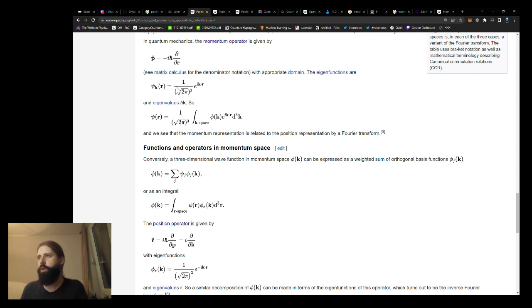You see this here because you end up with the Fourier transform expressions just because of the nature of the eigenfunctions of these operators.